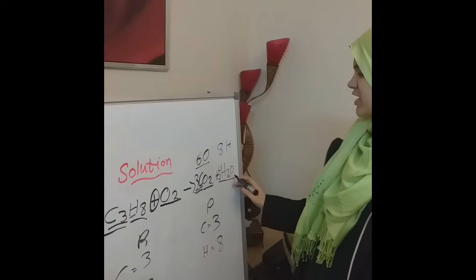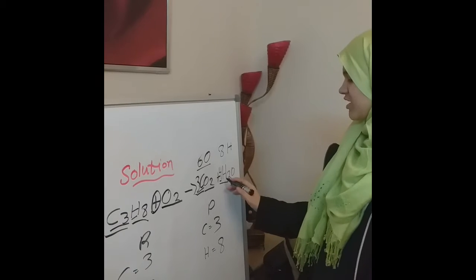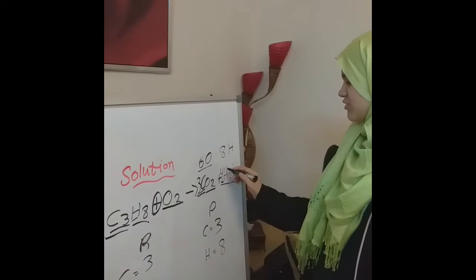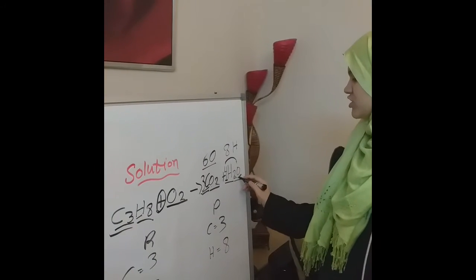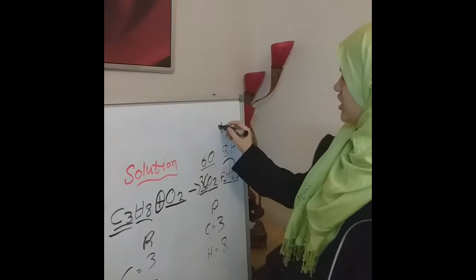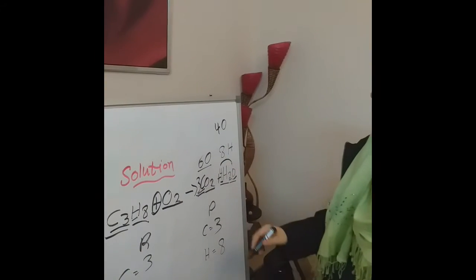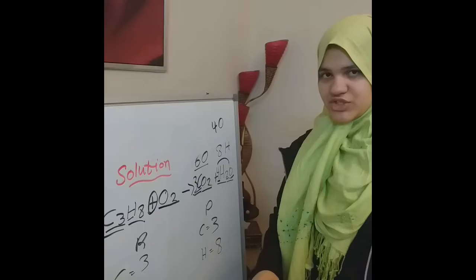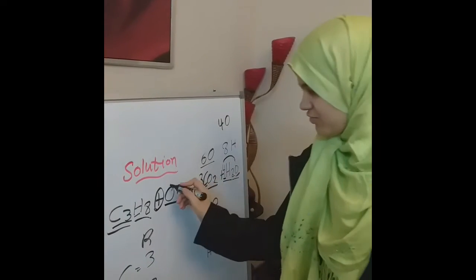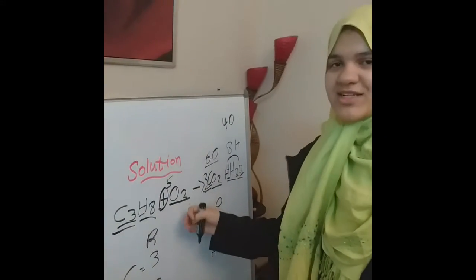But what about here? There are 4 atoms of oxygen here, and here there is only 2 atoms of oxygen. We will put 5 to balance.